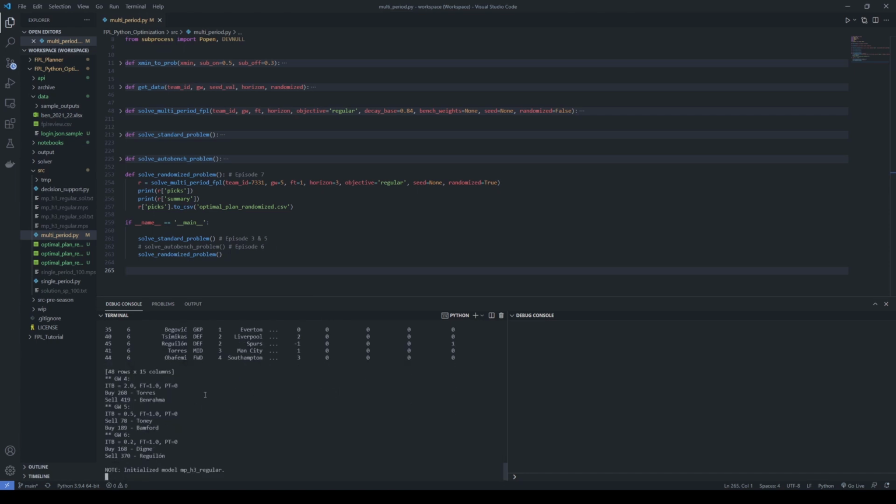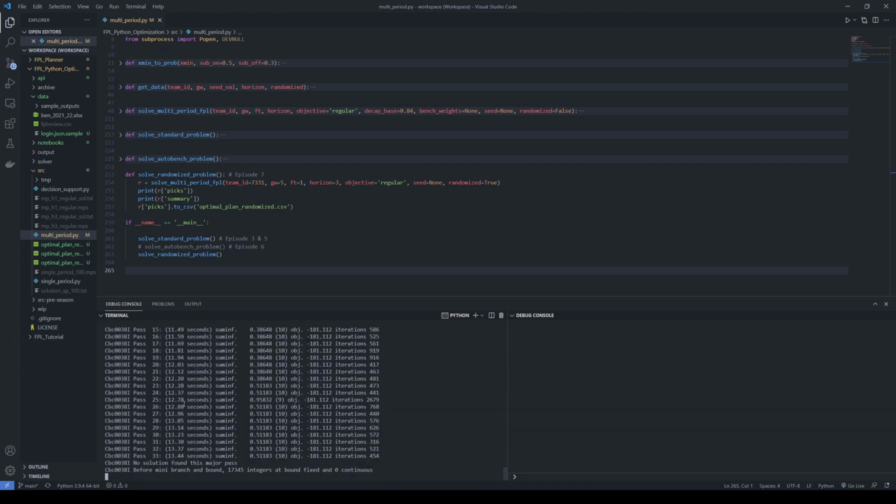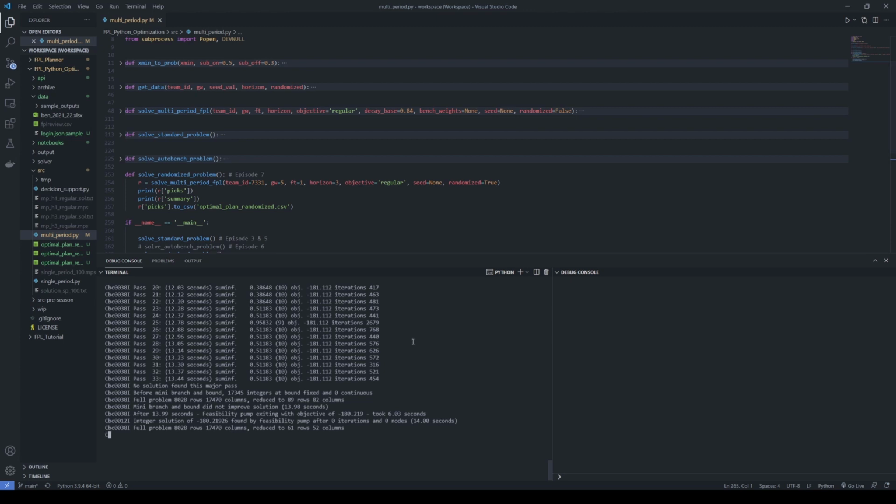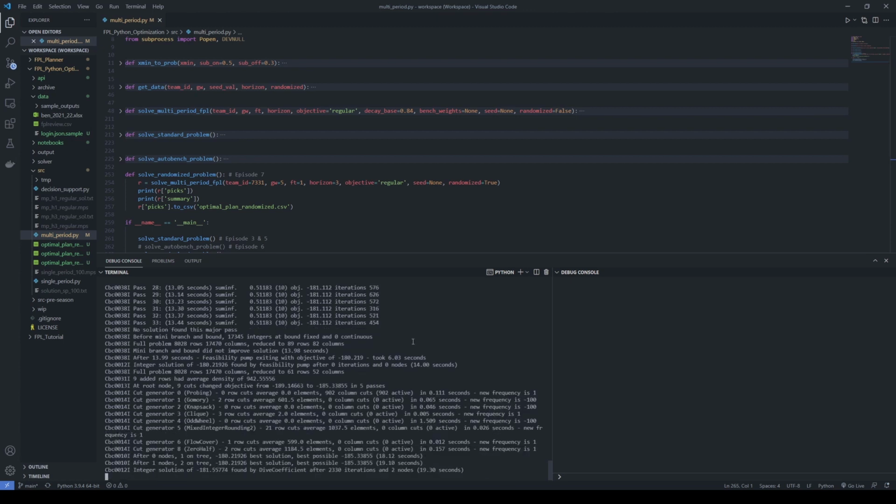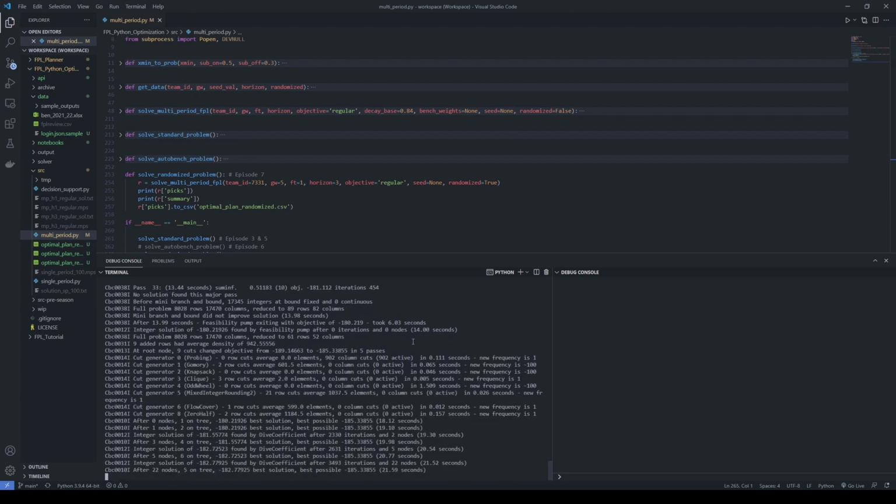Oh no. Yeah, so as you see, it is buying Torres and selling Benrahma this game week, and then selling Tony next game week, and buying Bamford, and then okay, it insists on going on. I think there was another defender transfer at the end, and let's see.